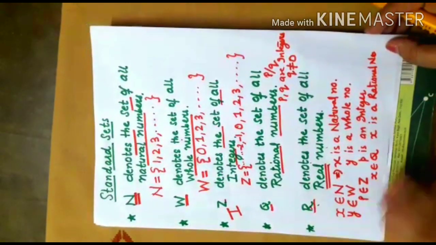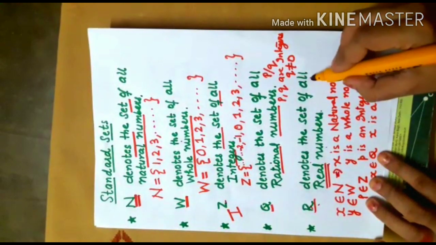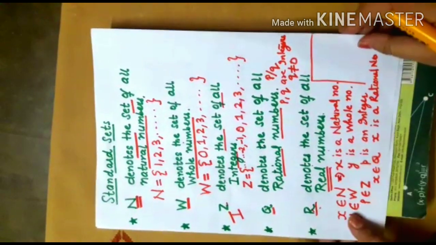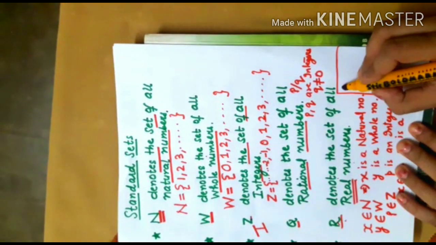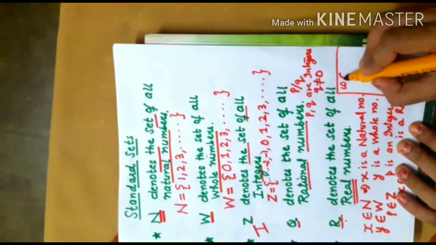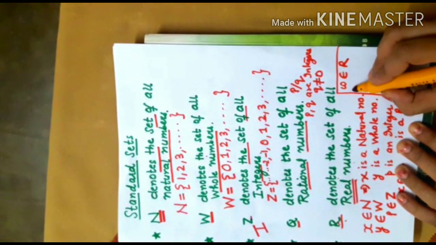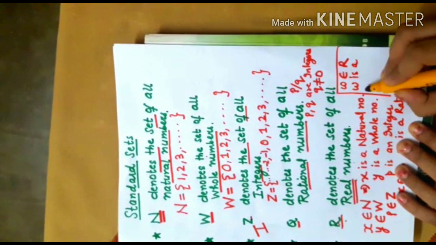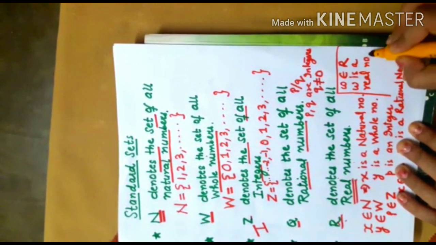And if I write w belongs to R, this means that w is a real number.